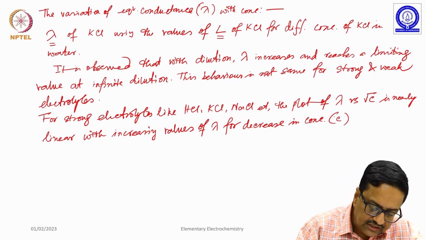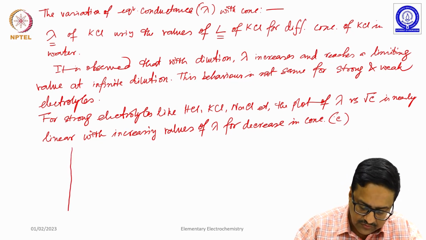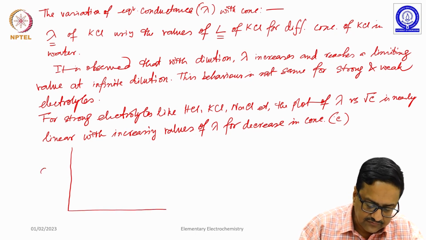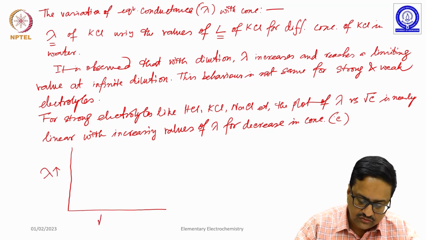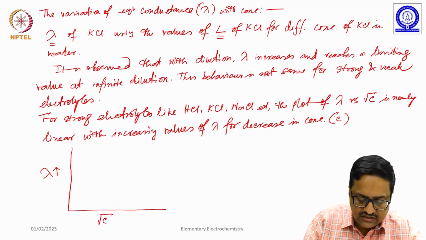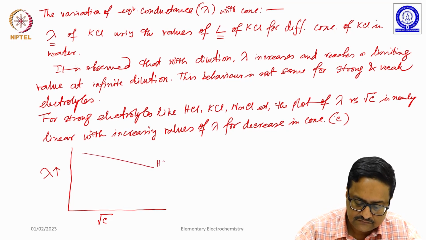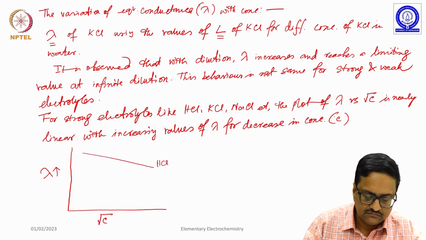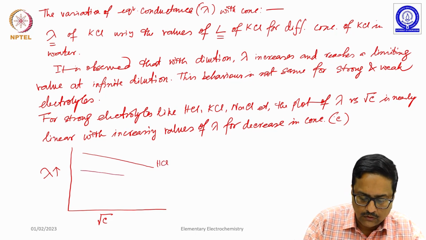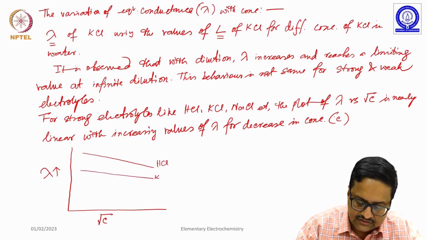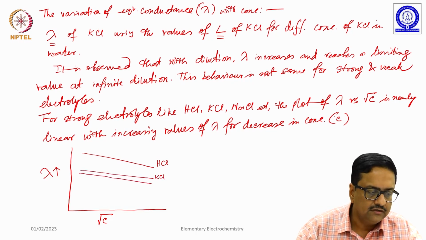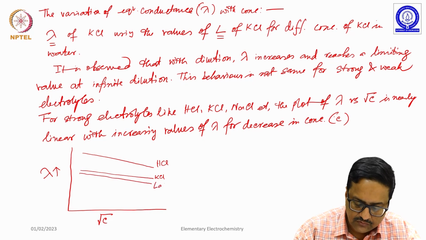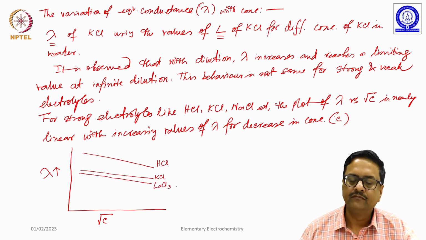So what is observed? If you try to plot the experimental values of lambda for different electrolytes with square root of C, we see that for HCl the straight line is like this, for KCl it is like that, for lanthanum chloride it is like this.